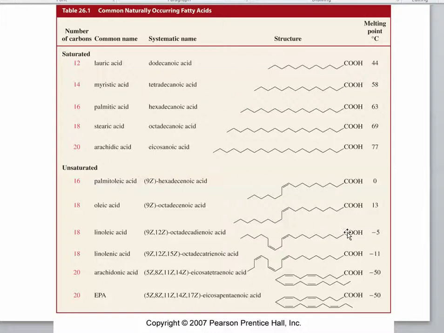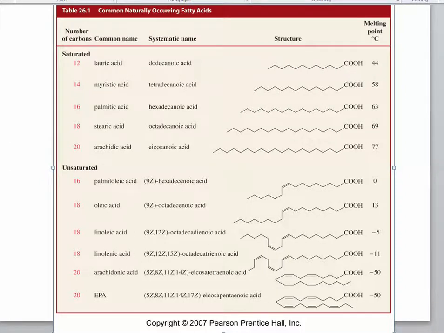However, with the omega acid names, all of these people look at the end carbon right here. And this is what they count as carbon number 1. And they will count carbon 1, carbon 2, carbon 3, carbon 4, carbon 5, and carbon 6.